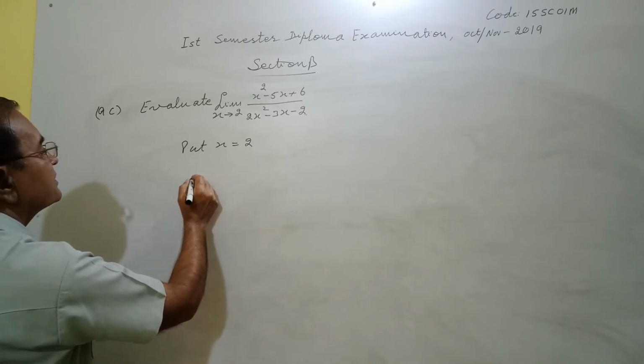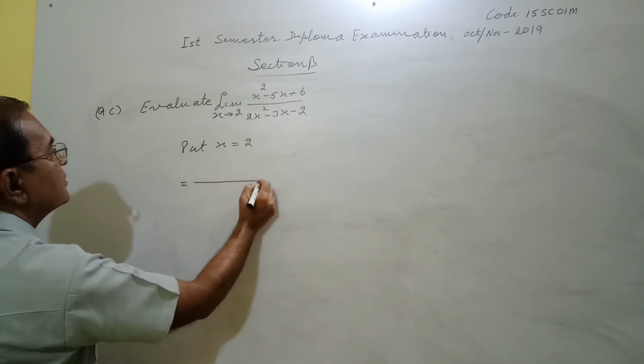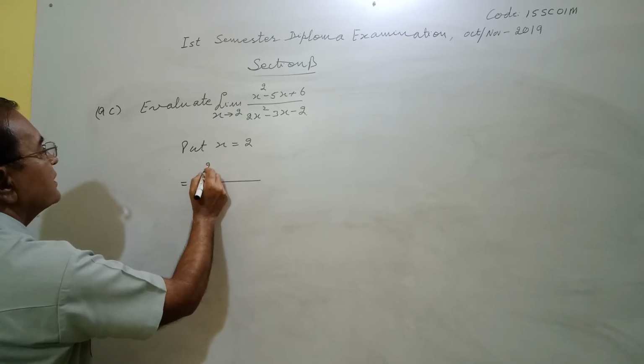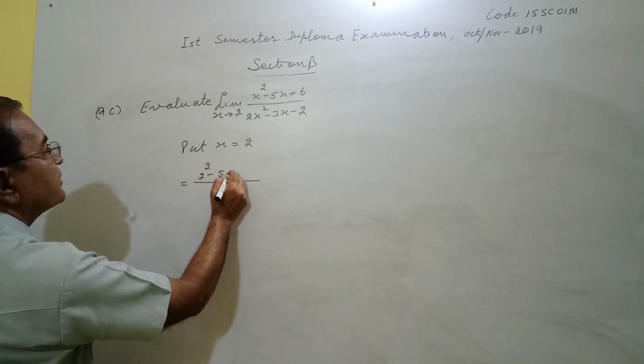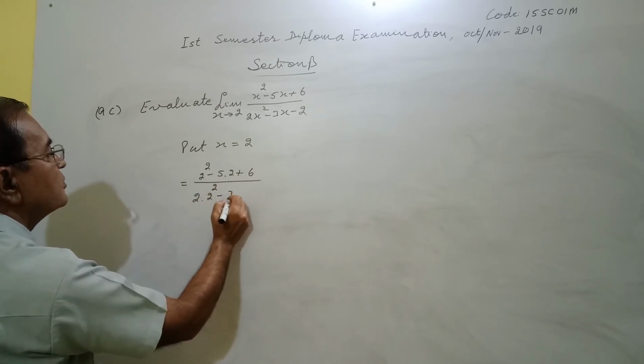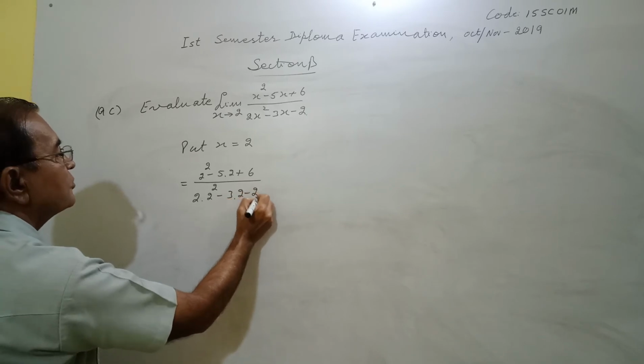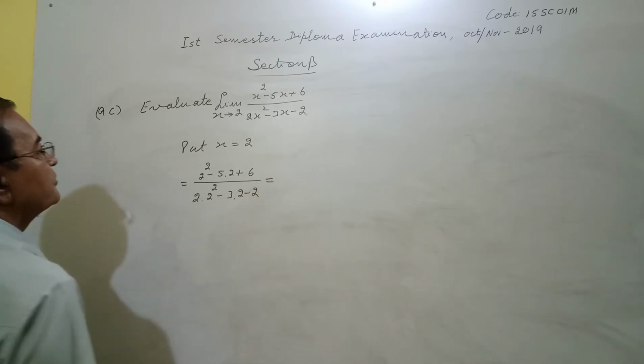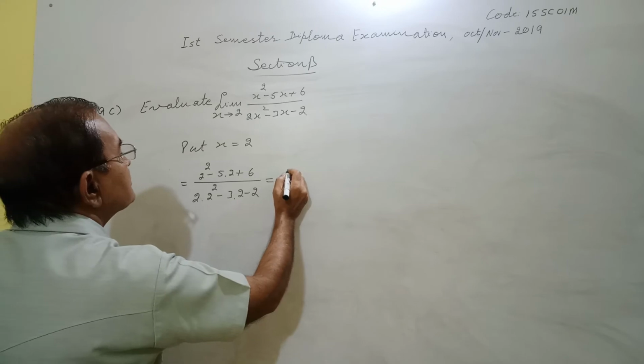So we will get our function as 2 square minus 5 into 2 plus 6 over 2 into 4 minus 6 minus 2, which will give you 0 by 0.